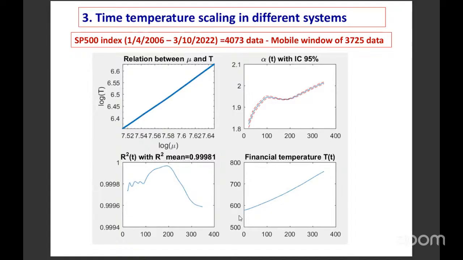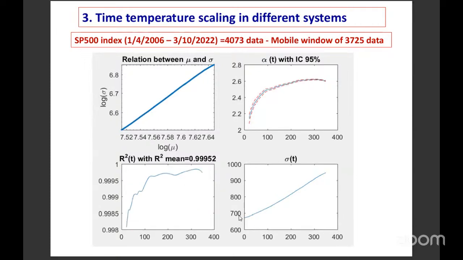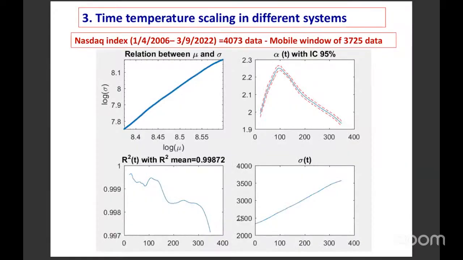Here this is the average R squared mean. In this case it is 0.998 for the temperature, and for the fluctuation scaling it is 0.994. It is better in the case of the temperature. In a similar way, for the Nasdaq stock index this property is present.